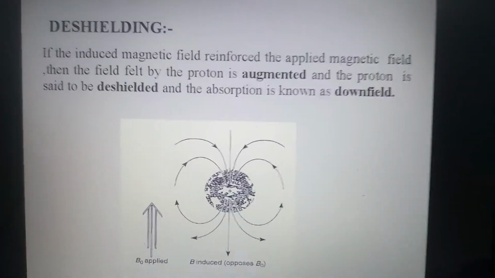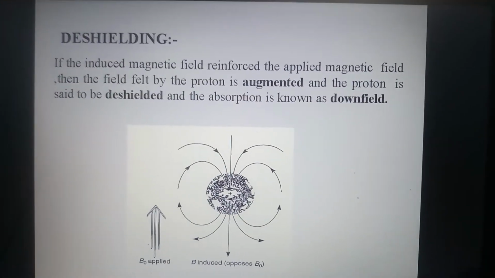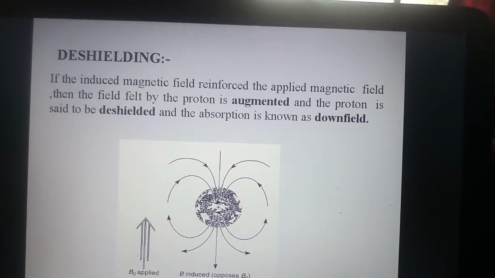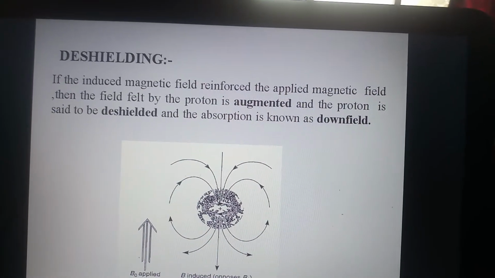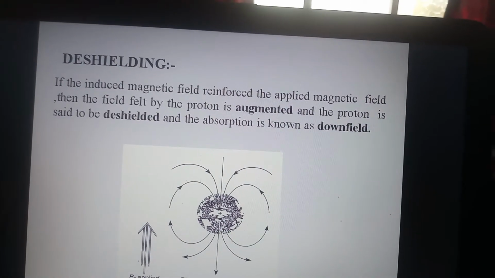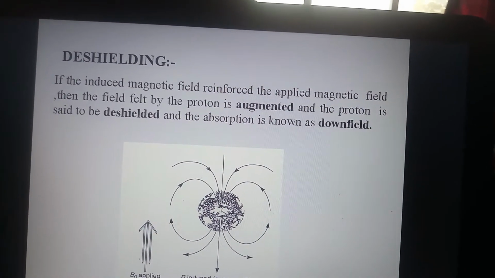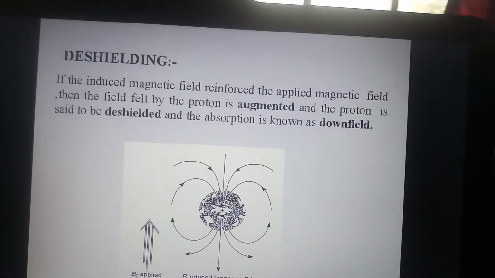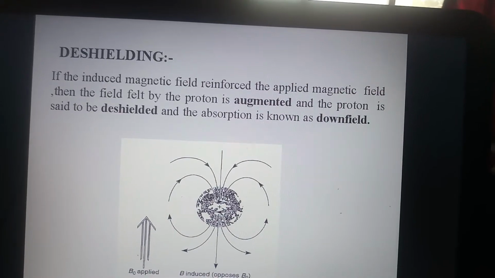As you have seen in the diagram, if the induced magnetic field reinforces the applied magnetic field, then the field felt by the proton is augmented and the proton is said to be deshielded, and the absorption is known as downfield.